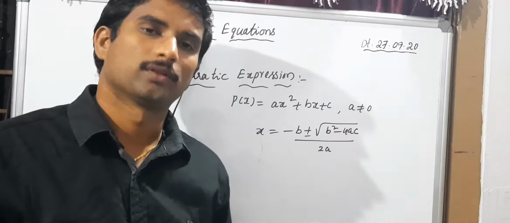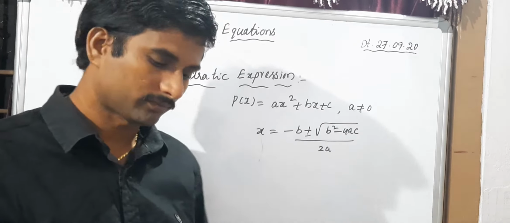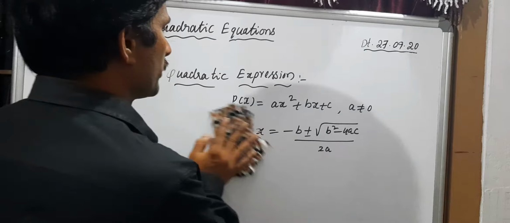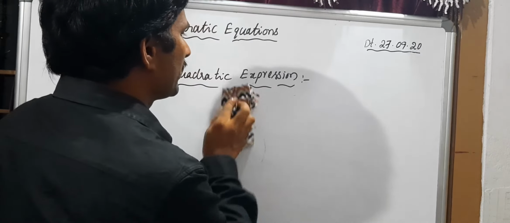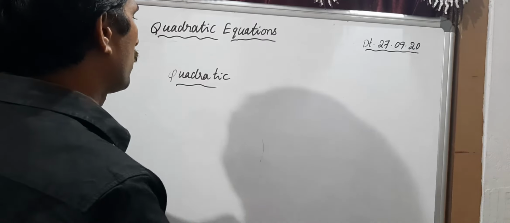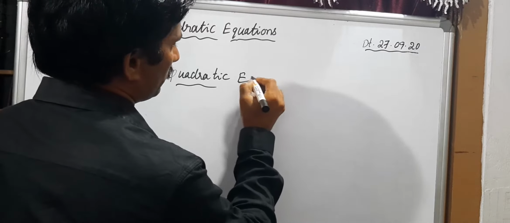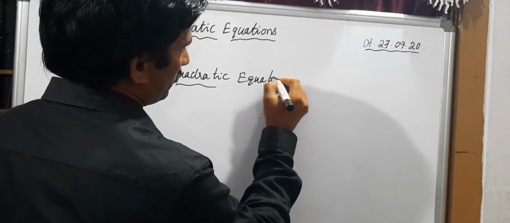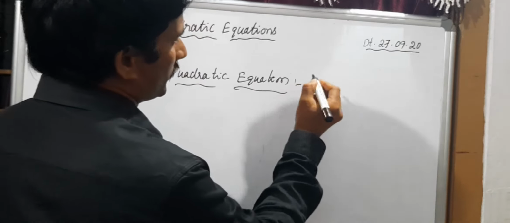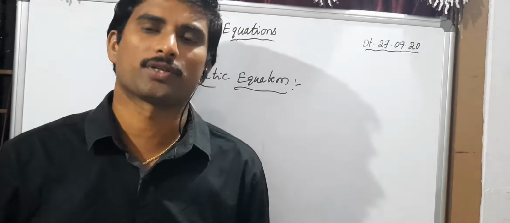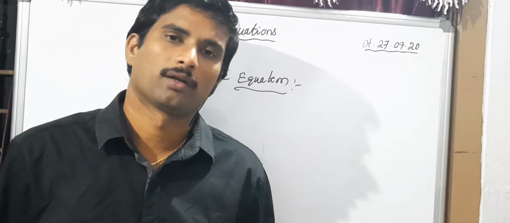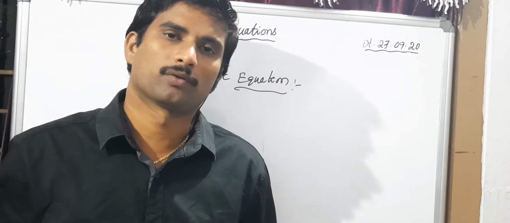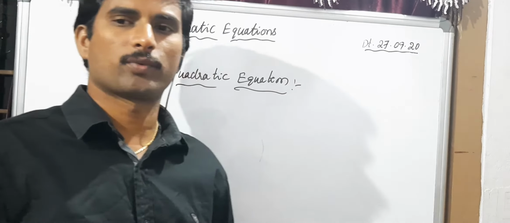Now, the quadratic equation. What is a quadratic equation? A second degree equation, or an equation with degree 2, is called a quadratic equation.